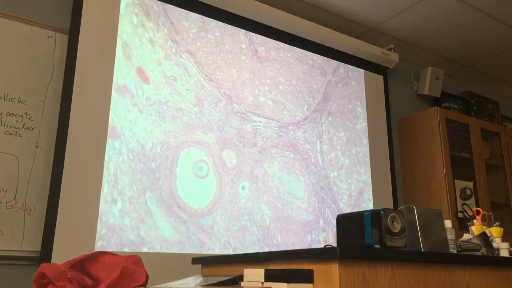If I ask you, don't get confused when you are being asked a question. What is the name of the structure as indicated by the pointer? If a pointer is placed here, you have to write corona radiata. Do you get that? If I ask you what is the name of the cell, granulosa cell.